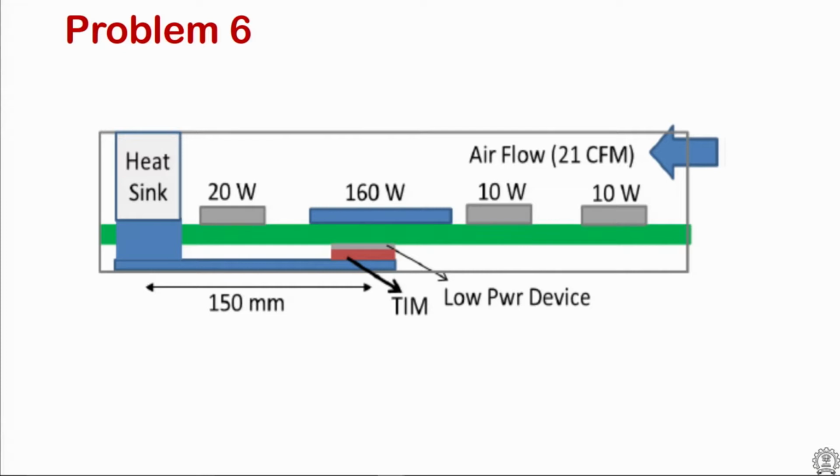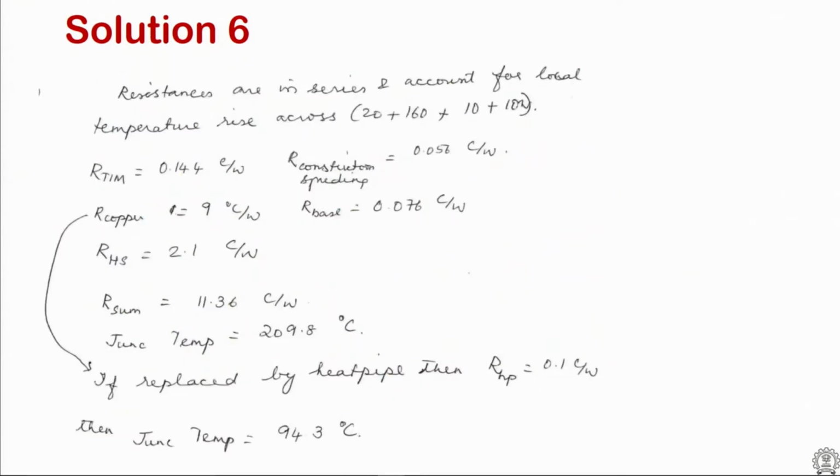This heat needs to be carried over a distance of 150 mm, and the calculation one has to do is L by Ka, a thermal resistance network that needs to be applied here.